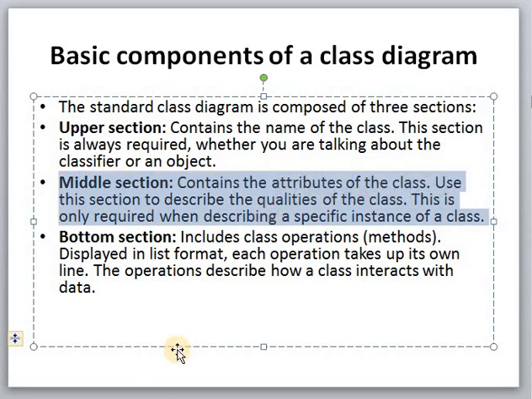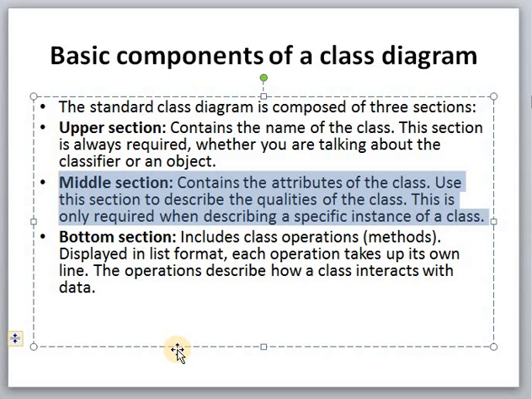The middle section contains the attributes of the class. Use this section to describe the qualities of a class. In order to describe the qualities of the class, we need a certain set of attributes. This is only required when describing a specific instance of a class.